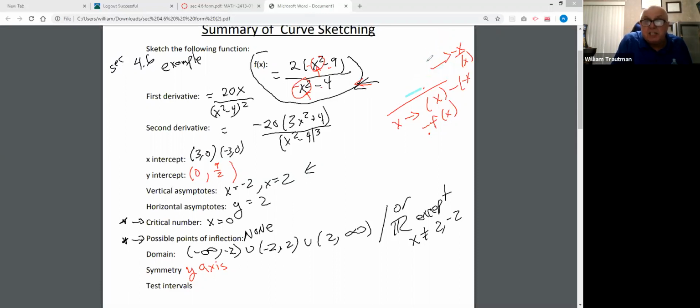To find test intervals, I'm going to write it down in blue.